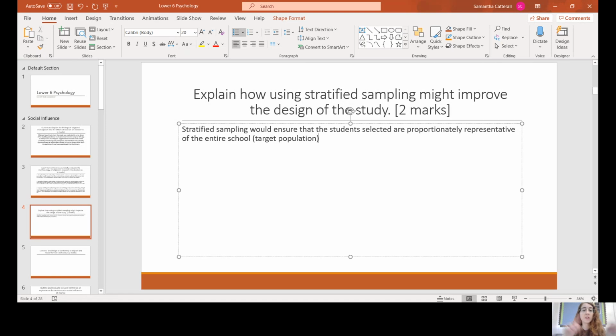You could put representative of the target population and then put in brackets the entire school. Students selected are proportionately representative of the entire school, as it would be a small scale reproduction. I'm just going to put that in because it gives it a little bit more detail.